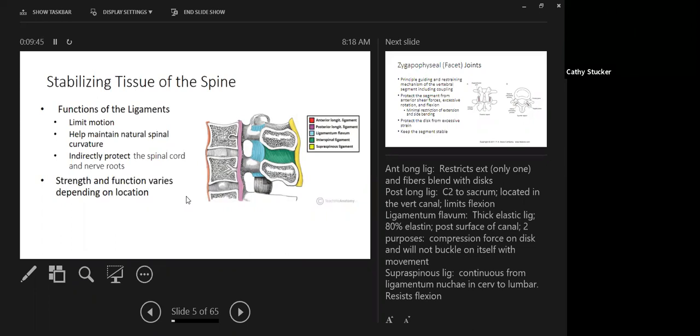Its one primary feature is it's the farthest from the axis of motion, giving it the best ability to limit flexion. So it's a strong support when you go into extreme flexion.